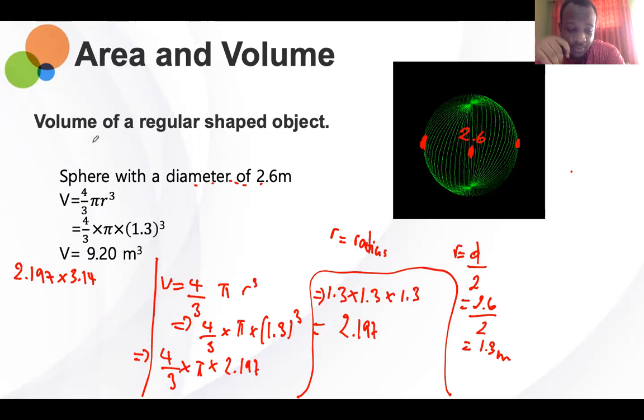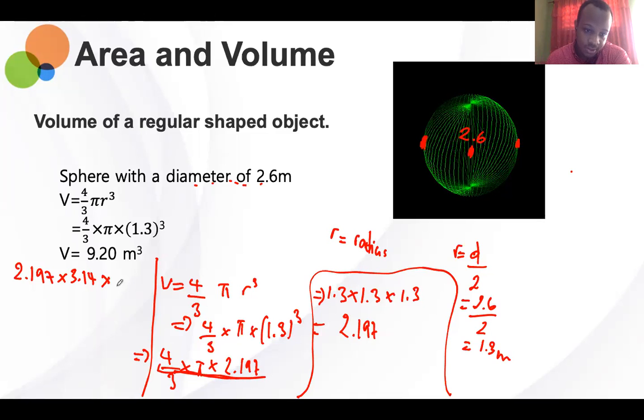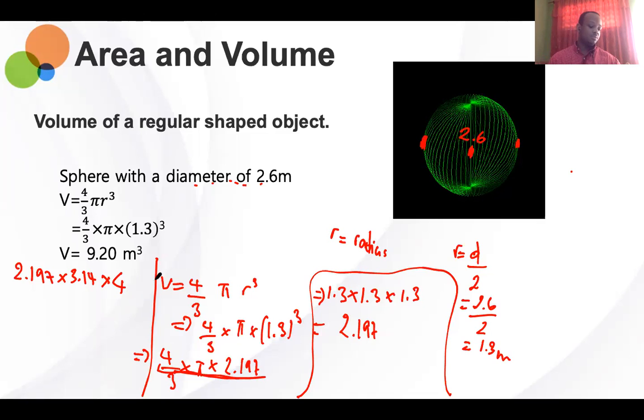Right, 6.89. And then we'll times this by 4. You see the 4 down here? The 4 is on the same line, so we times that by 4. 6.89 times 4.